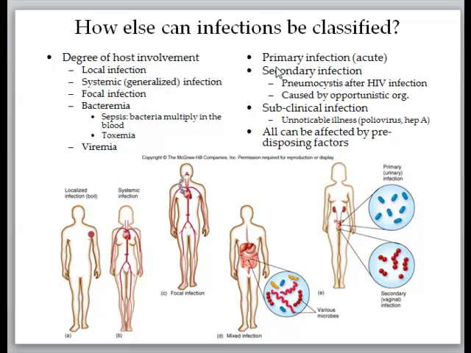Now, once the primary infection becomes acute and it is not taken care of, which is the first part of the illness, a primary infection can then lead to a secondary infection. And those of you who have children must have heard that a lot when you take them to the pediatrician.